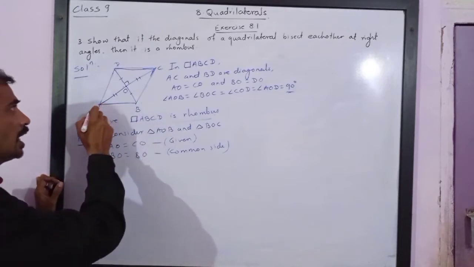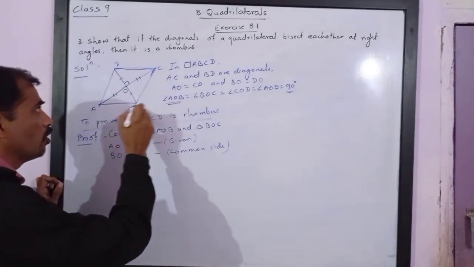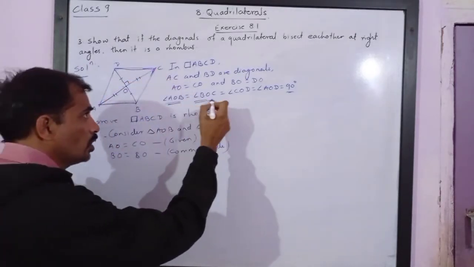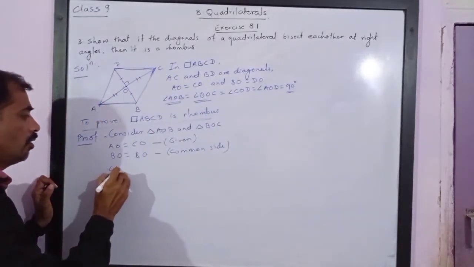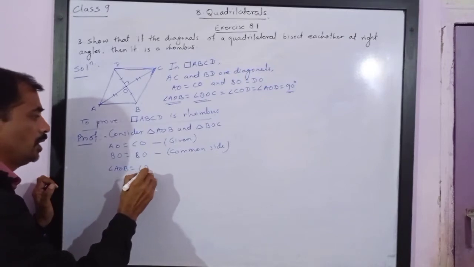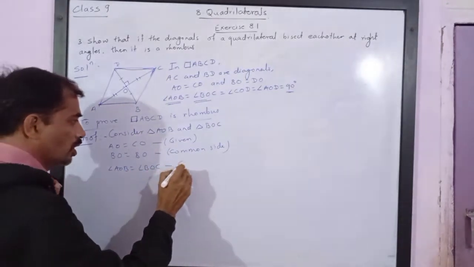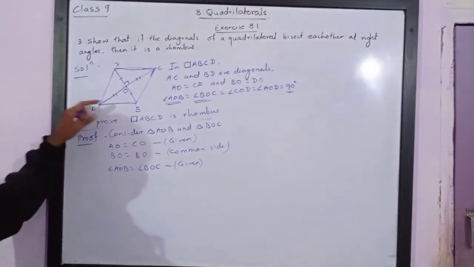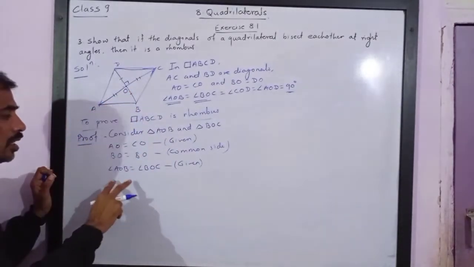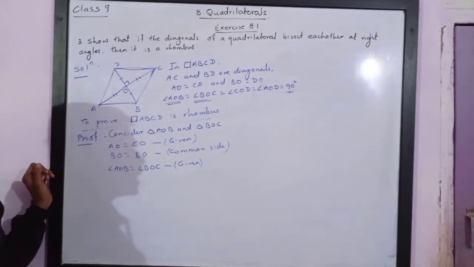We are also given that angle AOB and angle BOC are both equal to 90 degrees. It means they are equal to each other: angle AOB equals angle BOC. This is also given to us. So it means that these two triangles are congruent to each other by the SAS test.